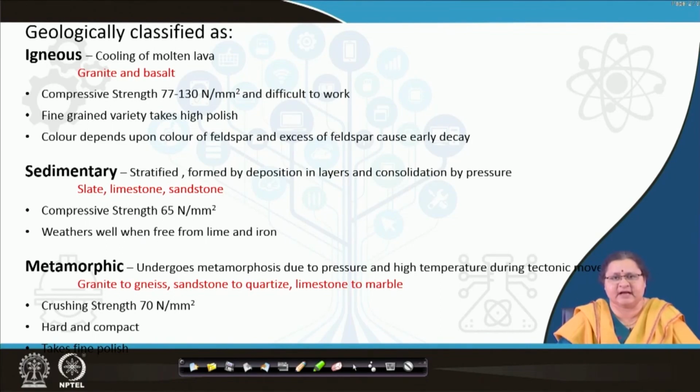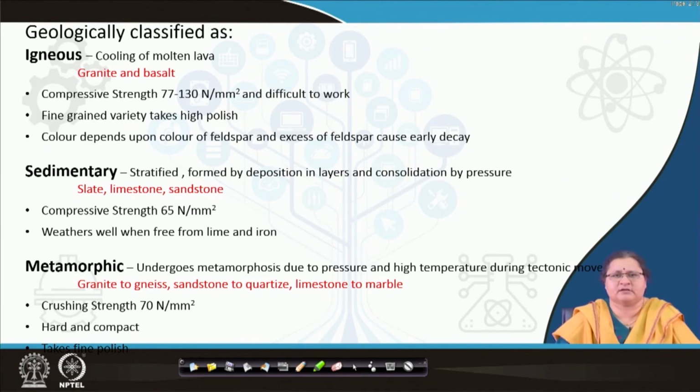Its density is high, it has very low porosity, and obviously very low water absorption, which is around 1%. Color depends on the types of minerals within it, particularly the feldspar gives it the color. Again, if you have a larger amount of feldspar in the composition, it may decay the rock.